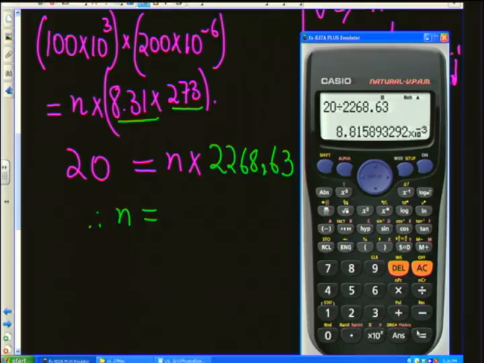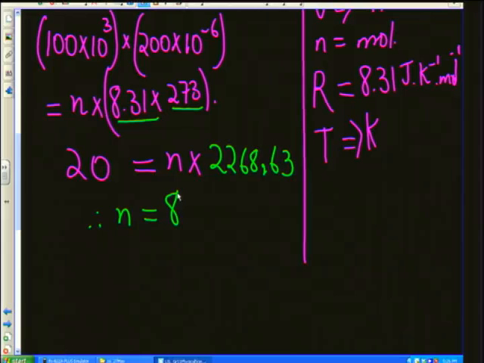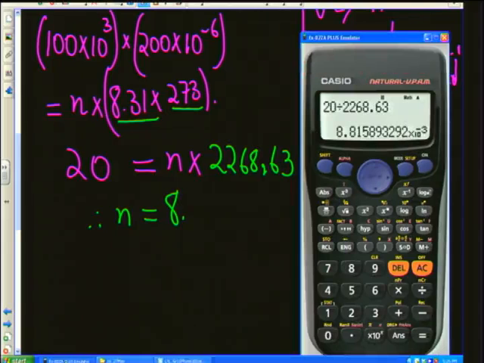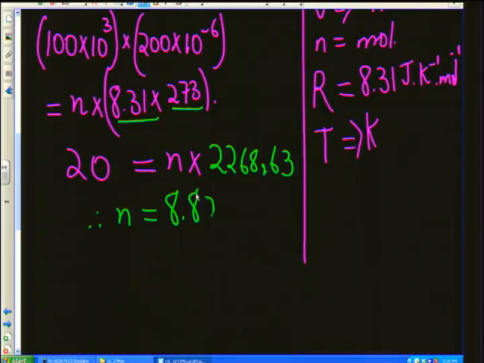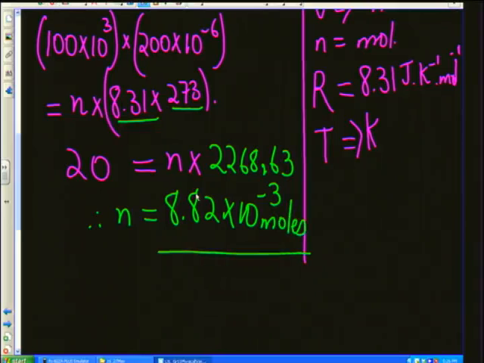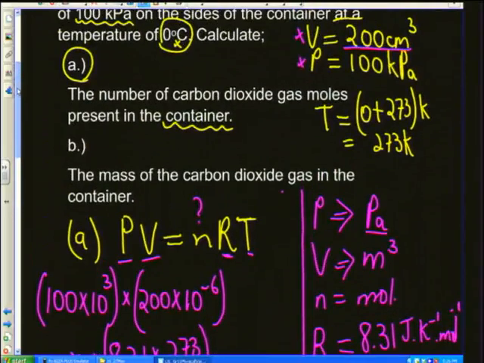That gives us 8.82 by 10 to the power minus 3. What is this? This is moles. So I have found the number of moles present in that container.